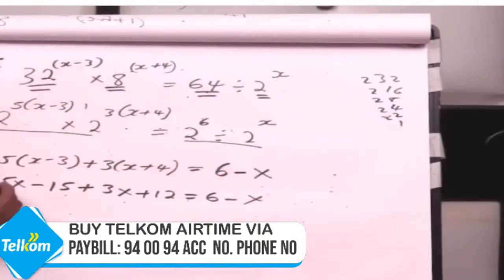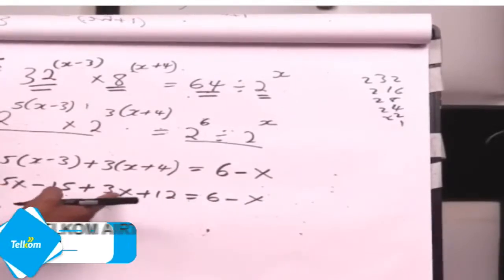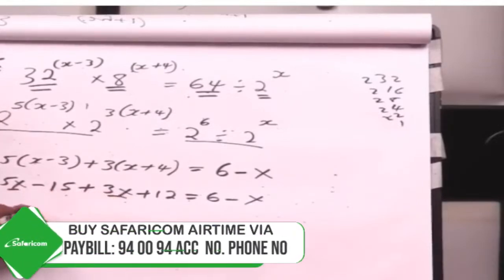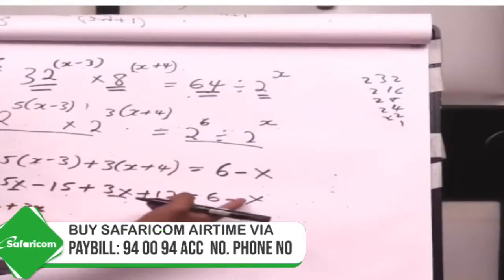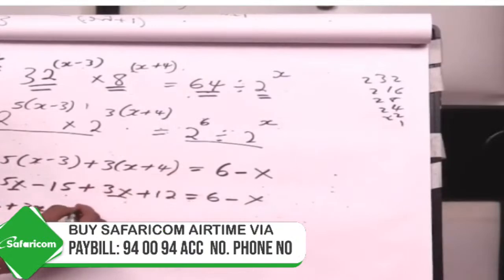Collect the like terms. 5x plus 3x. Then x crosses the other side, becomes plus x. Equals to minus 15 crosses the other side, becomes plus 15. Plus 12 crosses the other side, becomes minus 12.